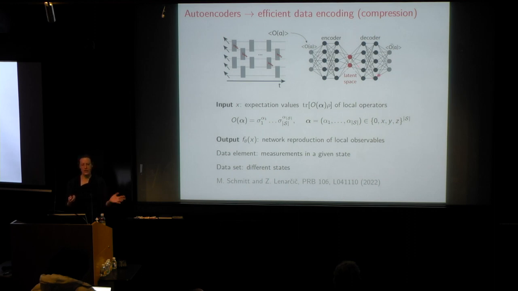It is a neural network architecture like the one shown here. This reproduction of the output being equal to the input will be successful only when, in the bottleneck, in the latent space, we have at least as many neurons as the intrinsic dimension of our input, or of the data.